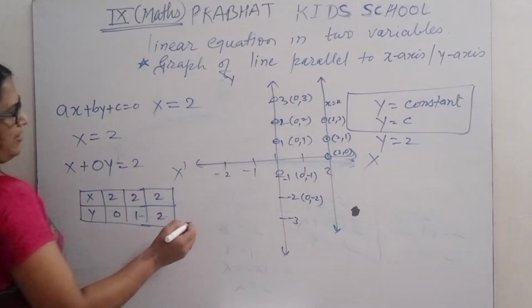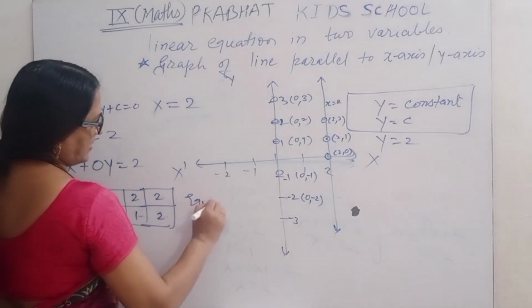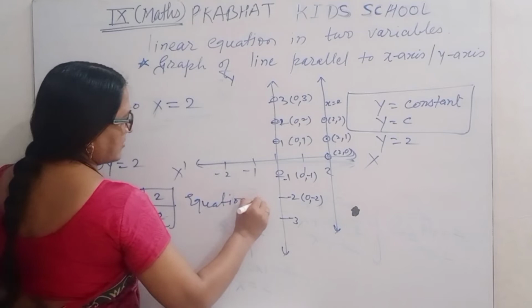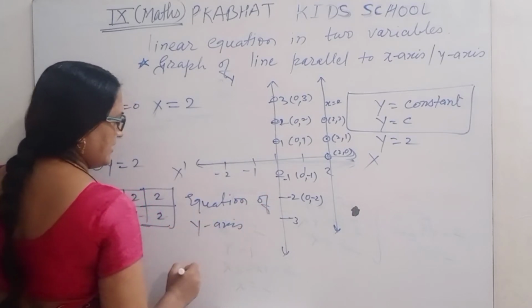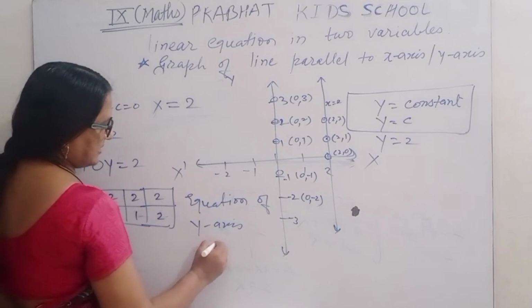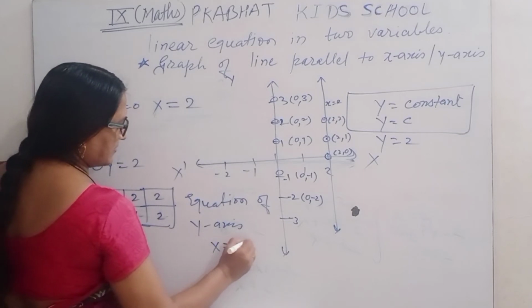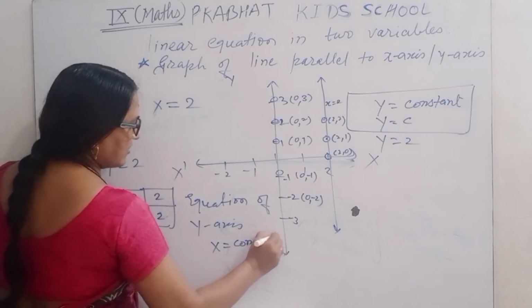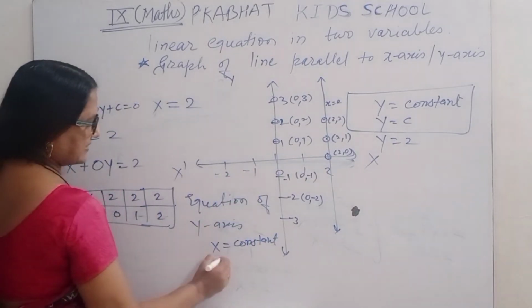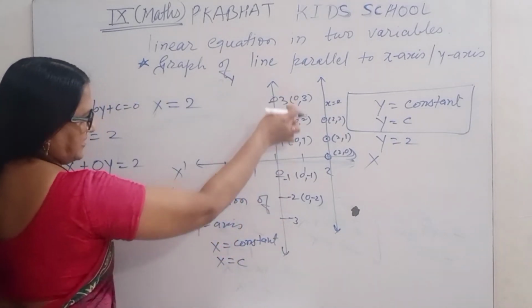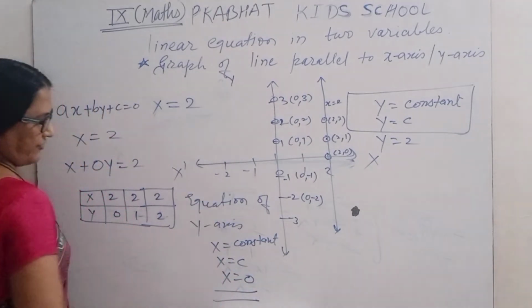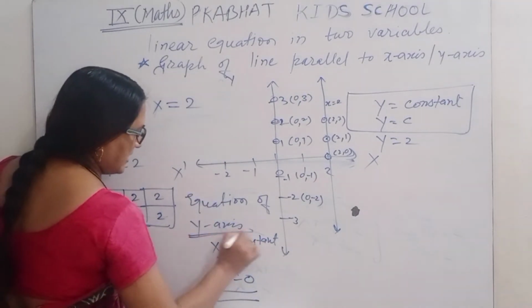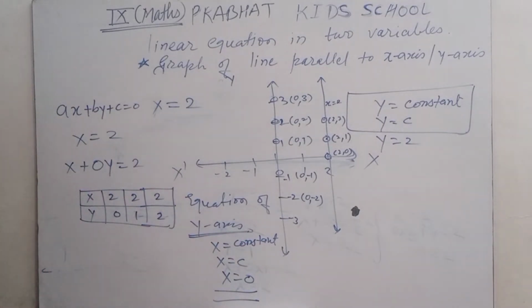That is why the equation of the y-axis is x is equal to constant, x is equal to c, and what is c here? It is 0. That is why the equation of the y-axis is x equal to 0.